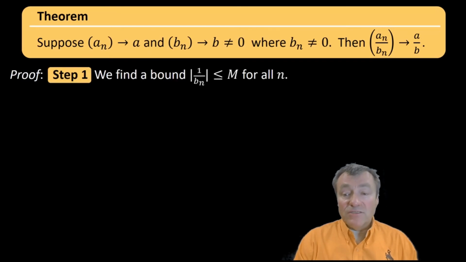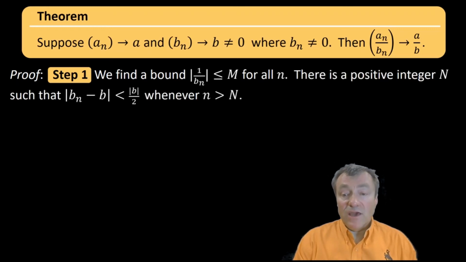The first step is showing that the sequence 1 over b_n is bounded. To get there, let me point out that b_n is within some small distance of b for n sufficiently large, namely within a distance of absolute value of b over 2, which of course is a positive number.